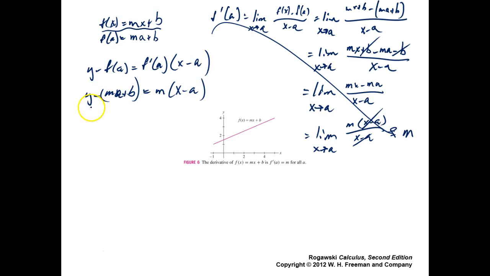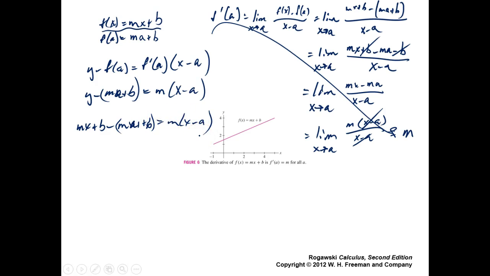And guess what you get now? Oh, y. I didn't put what y is. y is the f of x. So this is mx plus b minus ma plus b is equal to m times x minus a.